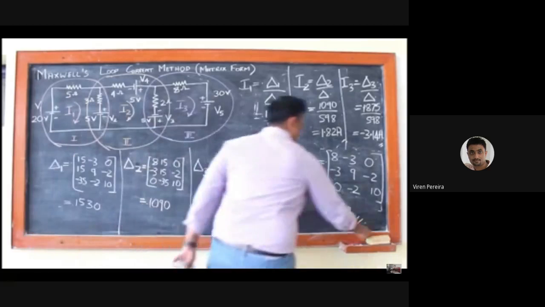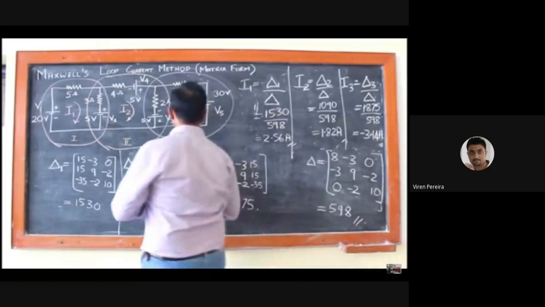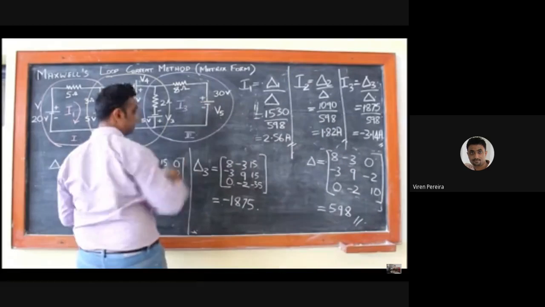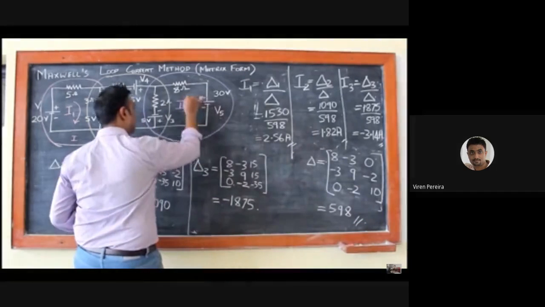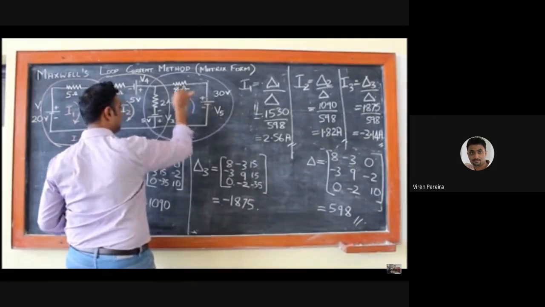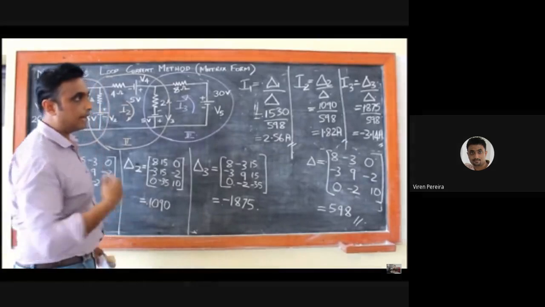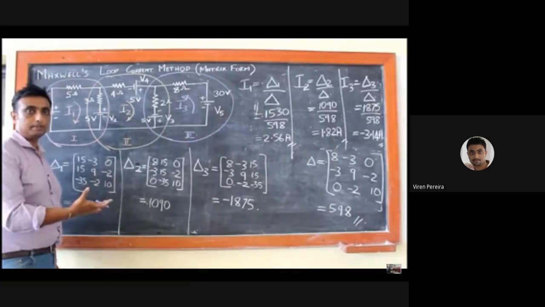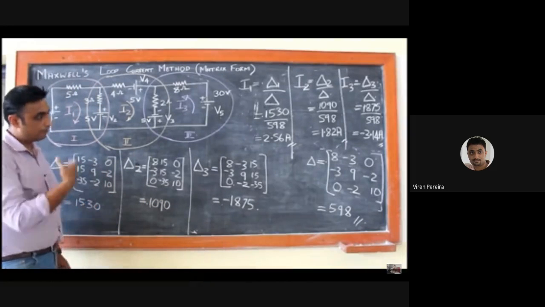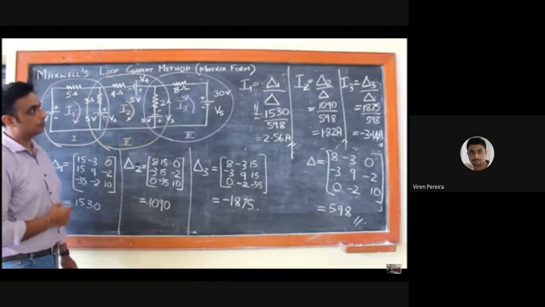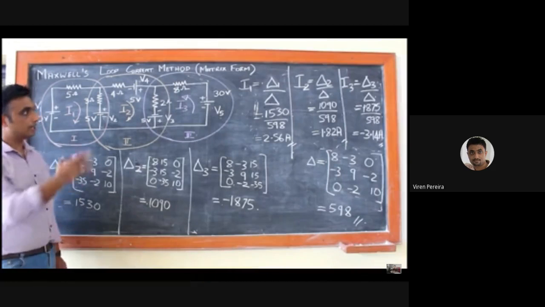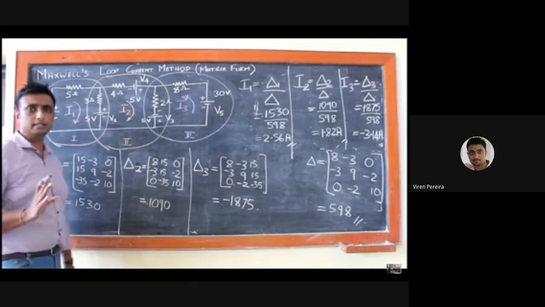So I have to change my direction, which is again the same follow-up step. In equation mode, we directly use simultaneous equation. In the matrix mode, we basically have to get it in the matrix form and find out the values of I1, I2, I3. The rest, all steps remain the same.